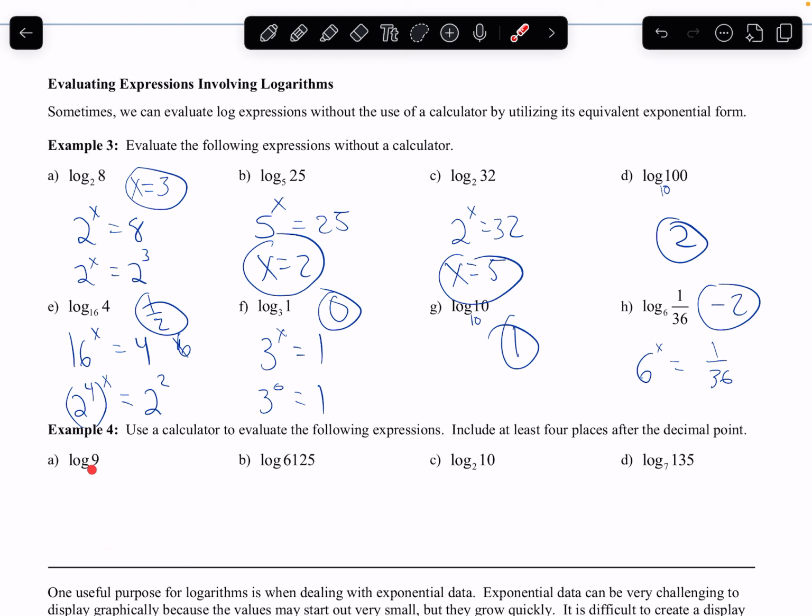You don't have to put the number. Just go log 9. You can actually go onto the keyboard and go log 9. And it'll give you that answer. It'll tell you what power do I raise 10 to get 9. Same thing over here. This one's saying what power do I raise 10 to get 6,125.